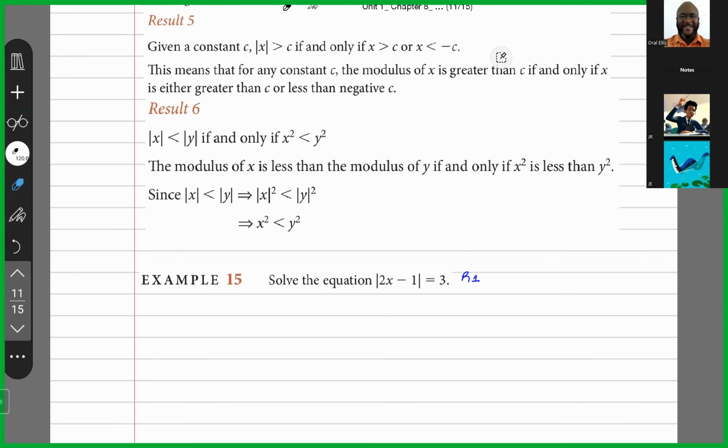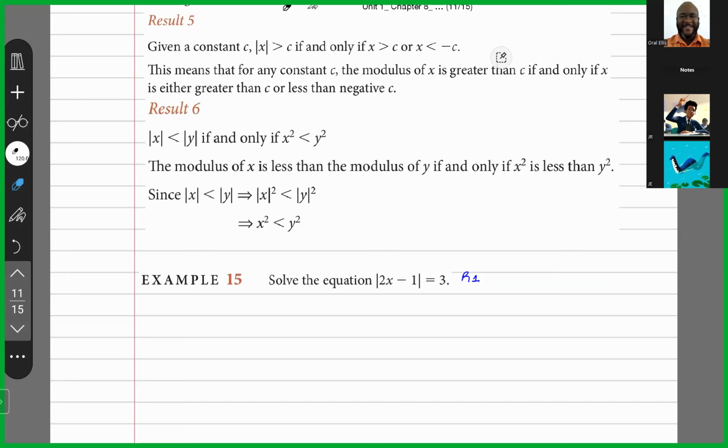Result 6 says, the mod of x is less than the mod of y if and only if x squared is less than y squared.